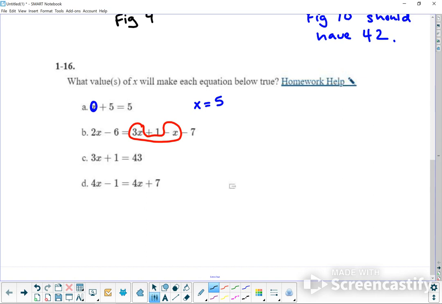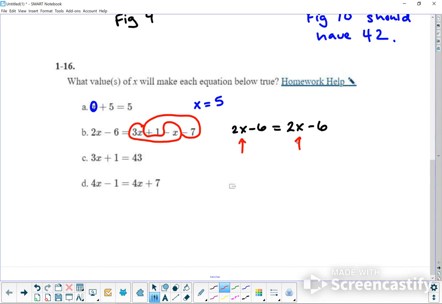So I have 2x minus 6 equals, and then 3x minus x is 2x. And then the 1 and the negative sign is minus 6, right? So actually that works out pretty good because these two come out to be negative 6 also. So what makes it true, right? Well, x could be anything actually, as long as you put it in both of these.